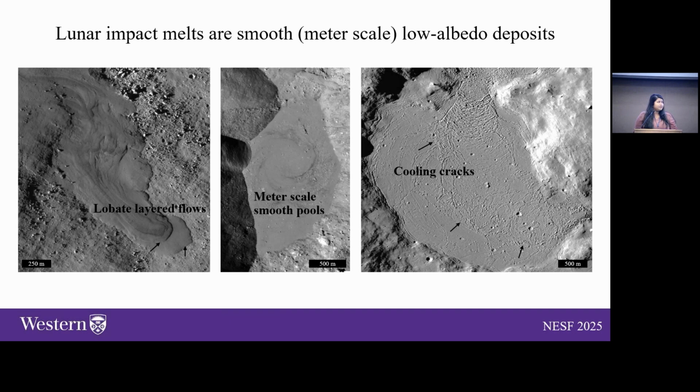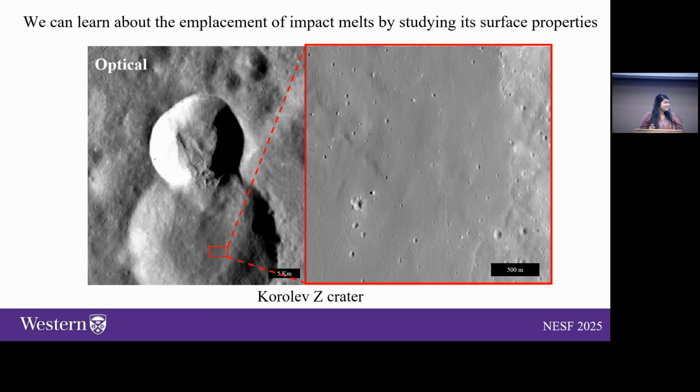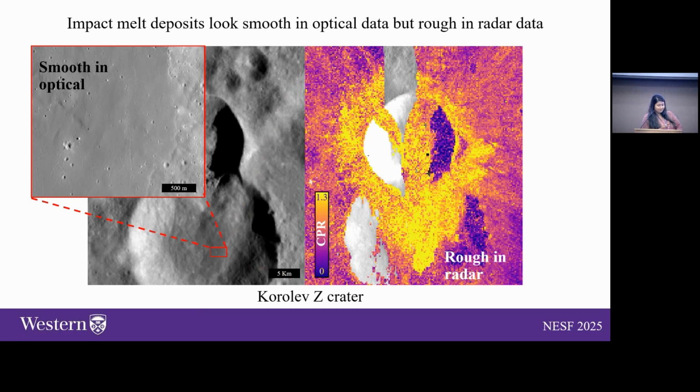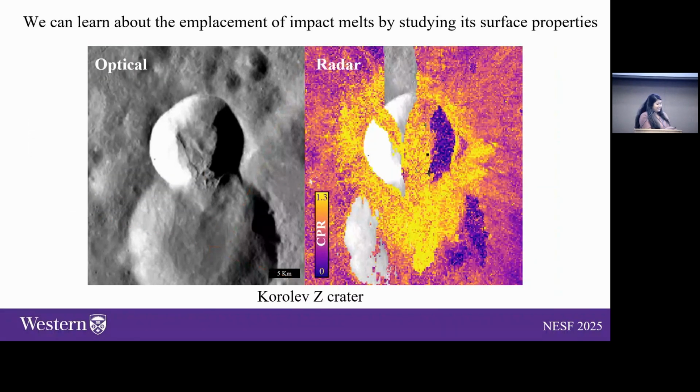When talking about impact melts, they have been studied in both optical and radar data sets. So what we have here is a radar and optical image of impact melt deposits.